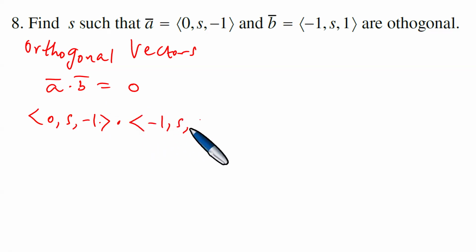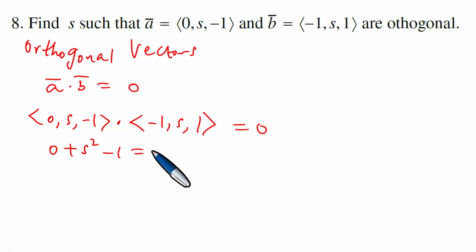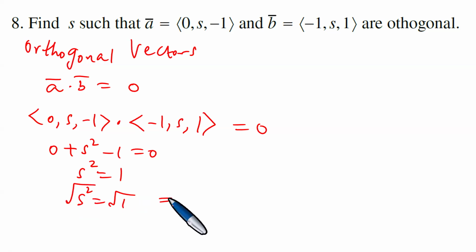You dot them: 0 times 0 gives 0, 1 times S gives S squared... minus 1 times minus 1 gives 1, which makes 0. S squared equals 1, which means S is plus or minus 1. In the case, therefore, that the two vectors are orthogonal, the dot product becomes 0.